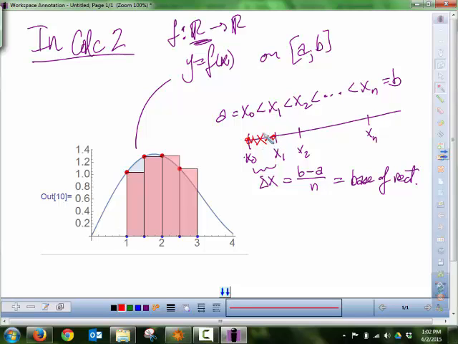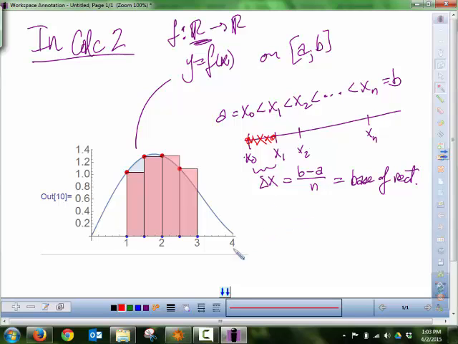You can choose any number as long as you're within your subinterval, then any of those would work. But regardless of what you choose, if you take the limit as n gets larger and you have more partitions and the lengths of those subintervals get smaller, then it's all going to amount to the same thing. So it doesn't really matter which one you choose.